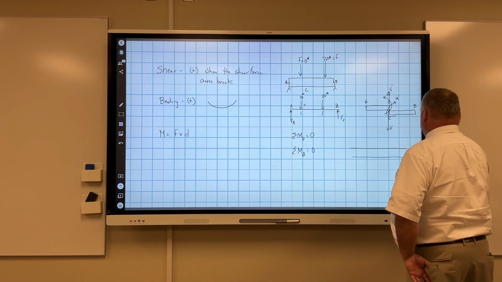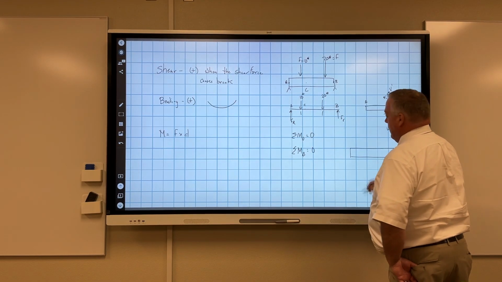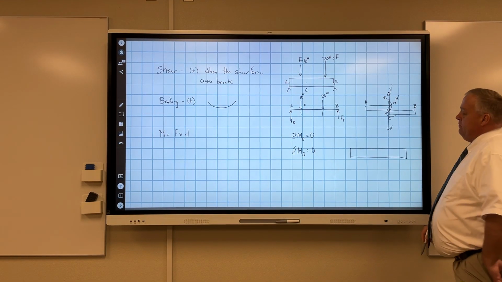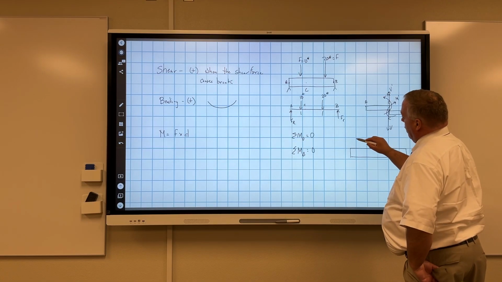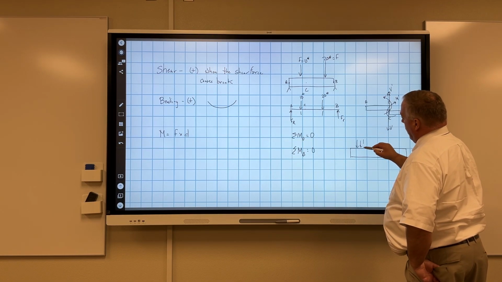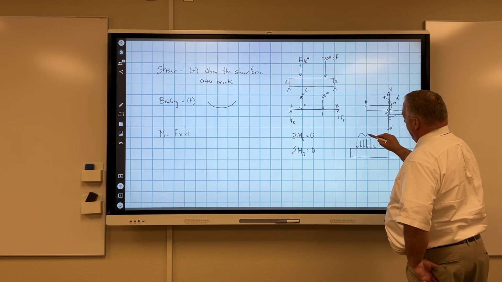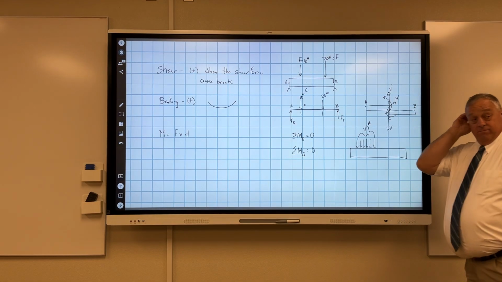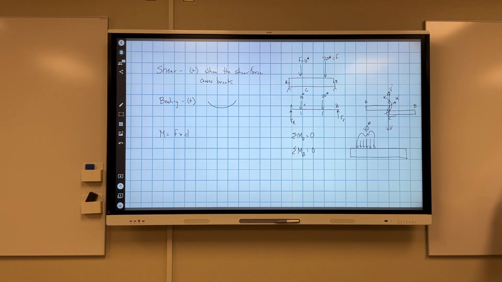We could have a force like that exerted over a distance. Now we're in simple stage. We're going to assume that that's a uniform force if we've got a straight beam.